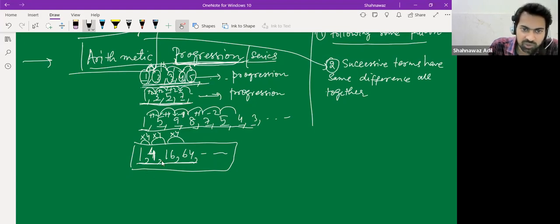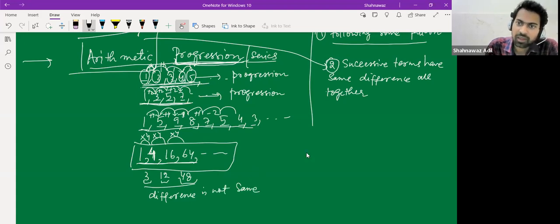But what is the difference between the successive terms? This is 3, this is 12, and this is a huge number, which is what? 14 minus 6 is 8, and this is 5 minus 1, 4. So this is the difference, right? So the difference is not the same.